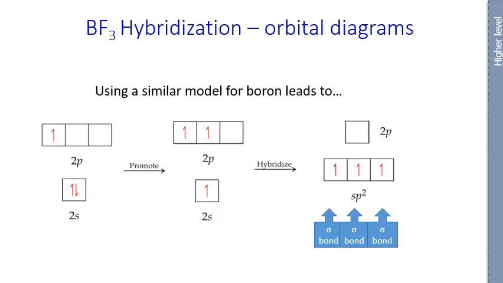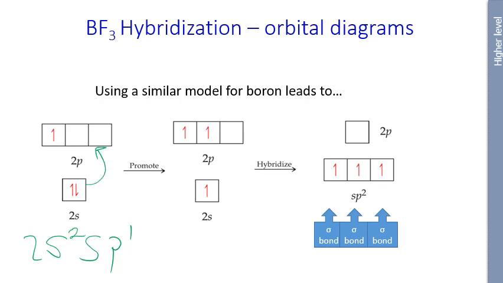In terms of BF3 hybridization, again, you've got boron having an electron configuration of 2s2 2p1. You promote the electron.